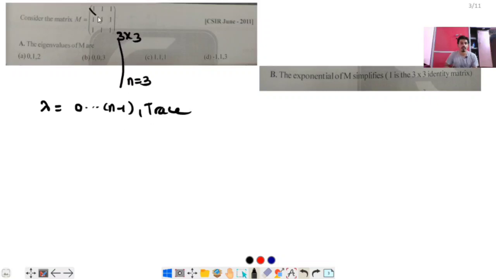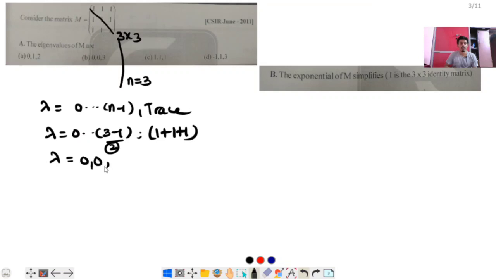The trace is 1 plus 1 plus 1. So lambda is 0 repeated 3 minus 1, that is 2 times, and the trace is 3. The eigenvalues of the above matrix are 0, 0, 3.